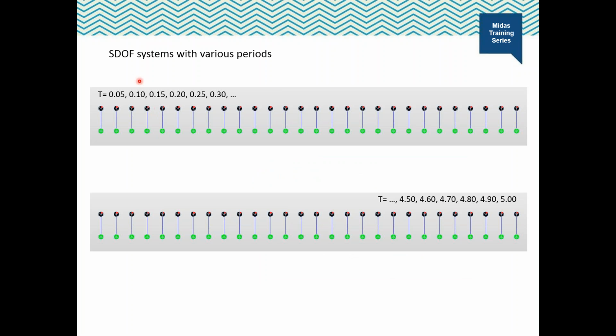These are SDOF systems with various periods of vibration. The damping ratio is assumed to be 5%. We apply the ground motion, which was shown in the previous slide, and find the total acceleration at the location of mass.